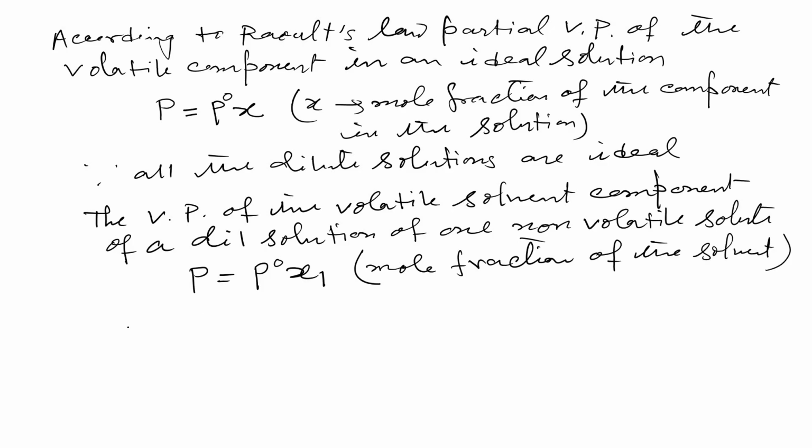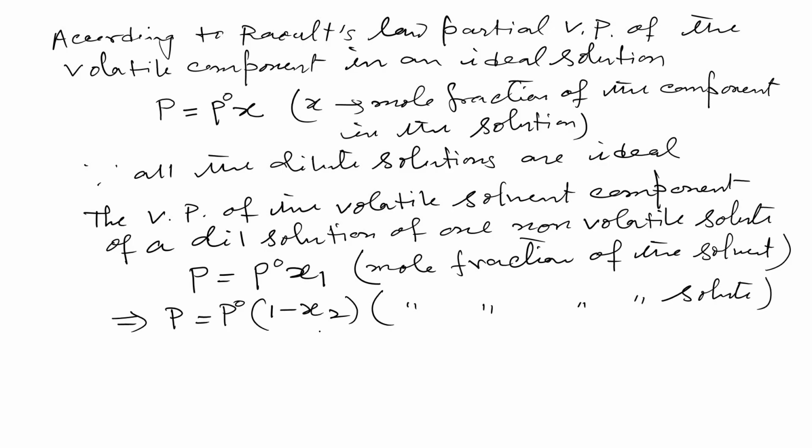Okay, so this one I can write as P is equal to P0 into 1 minus X2. What is X2? X2 is the mole fraction of the solute in the solution. So from here I can write P is equal to P0 minus P0 X2.